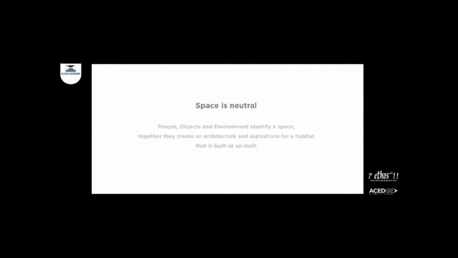Space does not have any dimension, but what creates an identity of a space is people, the objects, and the environment, and together they create an architecture, and aspiration for a habitat that is built or unbuilt, which is in a true sense architecture or landscape. But these three things are very critical and important in constructing what we see around us today. Sometimes it is good, or sometimes it is bad.